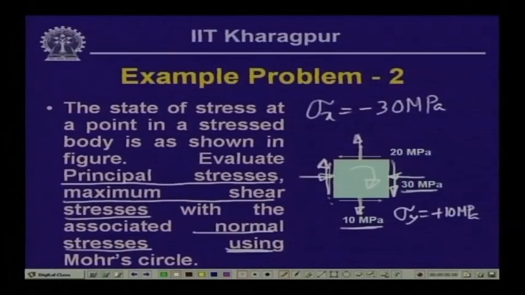Now, since here this is a clockwise rotation, these are negative shear. So is on this particular surface. Now, since this is causing anti-clockwise rotation, this particular shear is a positive shear. Now, if we try to represent this in the Mohr circle, then let us see how it looks.